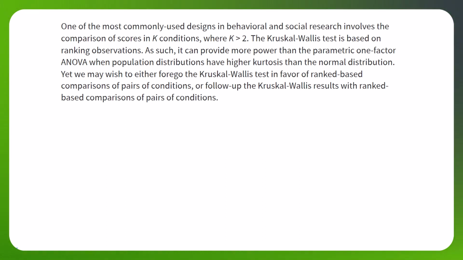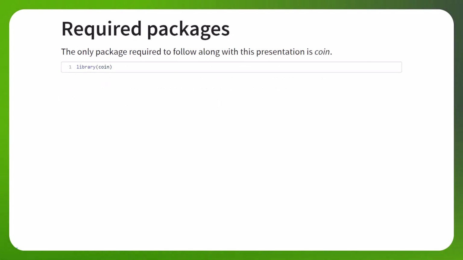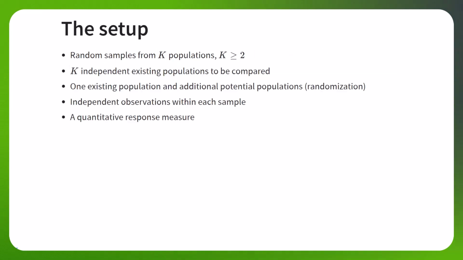Yet we may wish to either forego the Kruskal-Wallis test in favor of rank-based comparisons of pairs of conditions, or follow up the Kruskal-Wallis results with rank-based comparisons of pairs of conditions. The only package in R that is required to follow along with this presentation is the coin package.